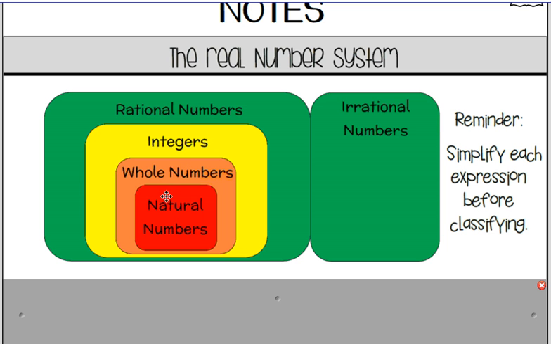But notice how these are kind of stacked inside, that all natural numbers are also whole numbers, and all whole numbers and natural numbers are also integers, and all of these numbers are also rational numbers. But a rational number does not have to be an integer, and an integer does not have to be a whole number, and a whole number doesn't have to be a natural number. So we're going to see what the difference between these groups of numbers are here in just a moment.